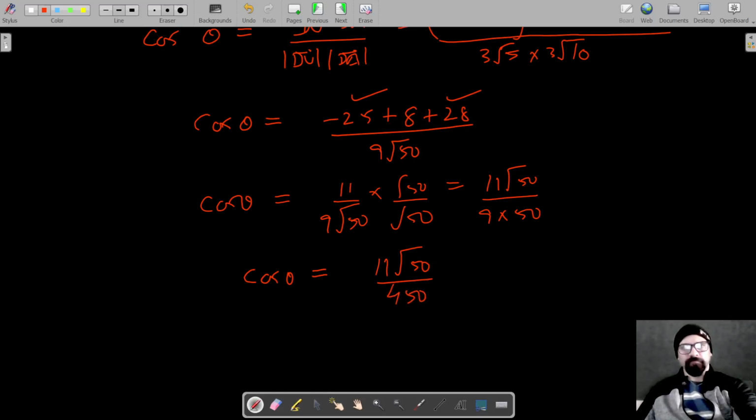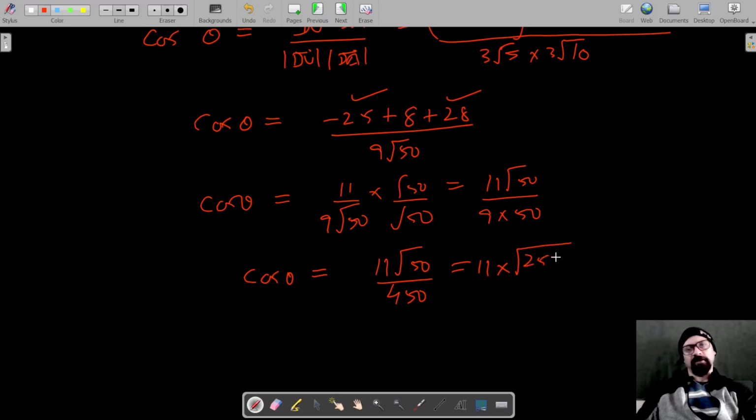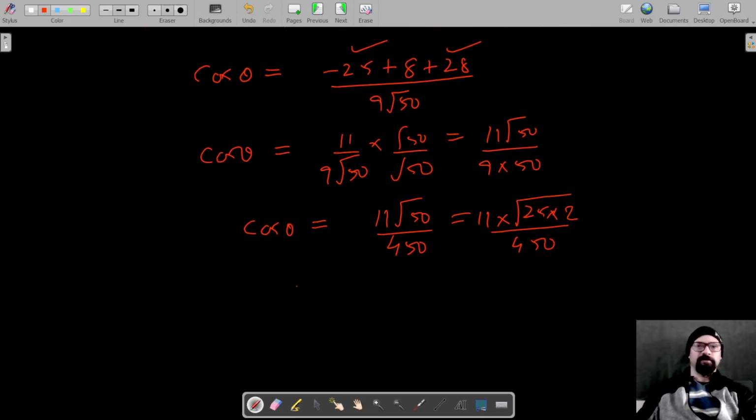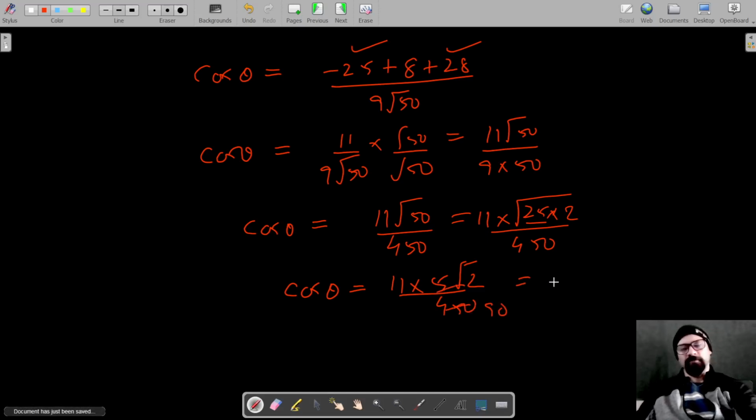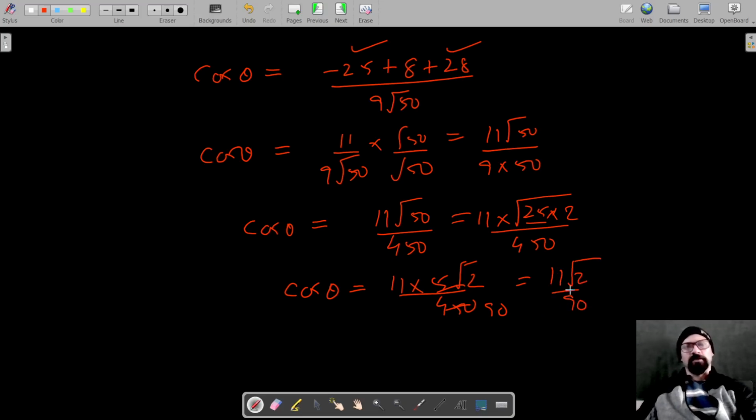So 11 root 50 by 450, and root 50 can be written as root 25 into 2, which gives me cos theta is equal to 11 into 5 root 2 by 450. So this is 90, which gives me 11 root 2 by 90.